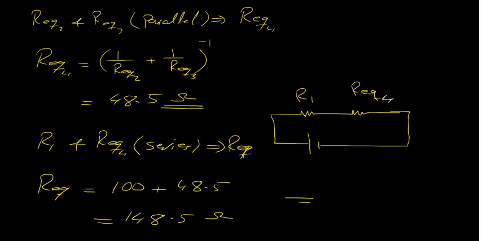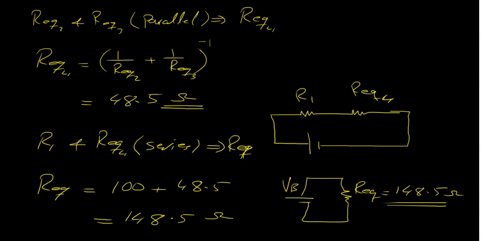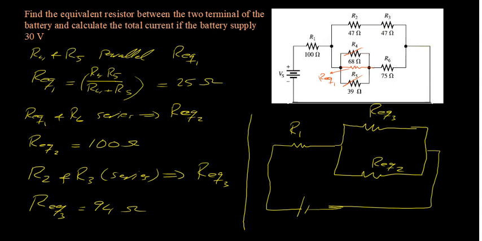So the circuit now is a simple circuit. It's going to be our battery voltage with R equivalent final, which is 148.5 ohm. Okay. Now the other part of the question is to find the total current if the battery provides 30 volt, which we can calculate by simply following Ohm's law.